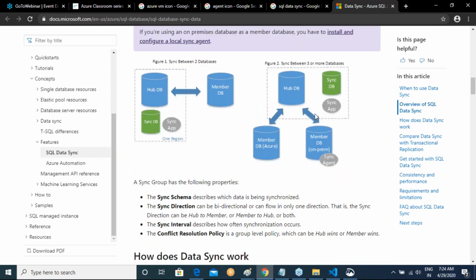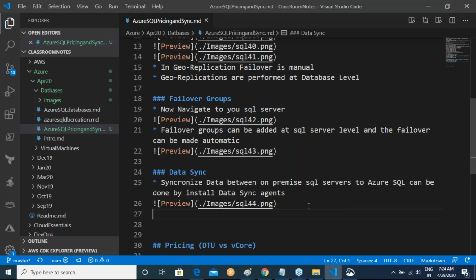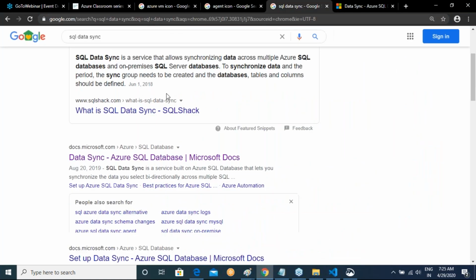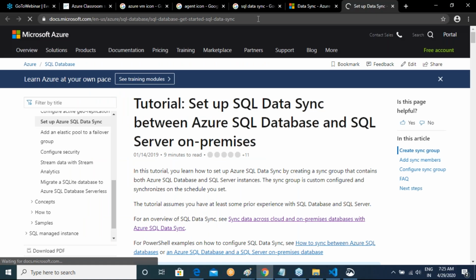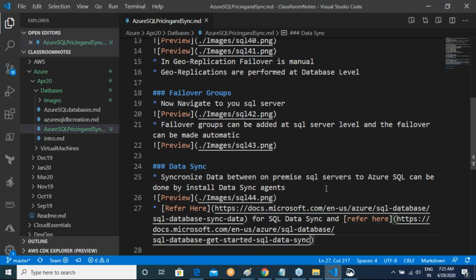Refer here for SQL data sync. I'm not doing this because it is not a very common activity, to set up the Azure sync.